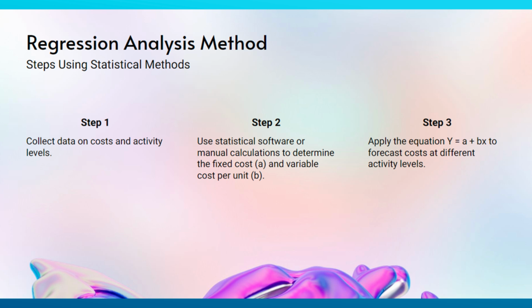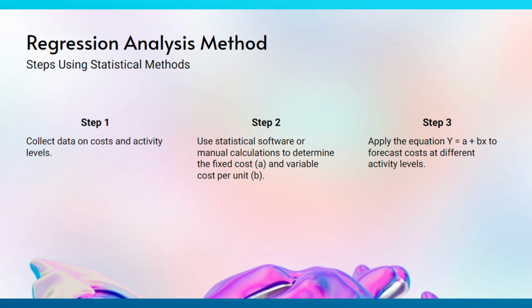We are also going to be using the equation y = a + bx, where y is the total cost, a is the fixed cost, and b is your variable cost. There are a number of steps we are going to use to solve using this method, because it is statistical, it is a bit mathematical. Step 1, you collect data on cost and activity levels.